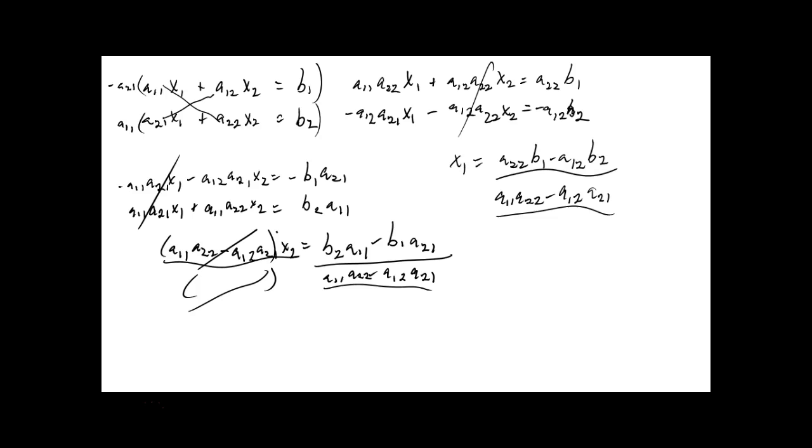Now, what are the numerators here? Well, when you solve for x1, if you'll notice this determinant here, the bottom that way minus the top this way.